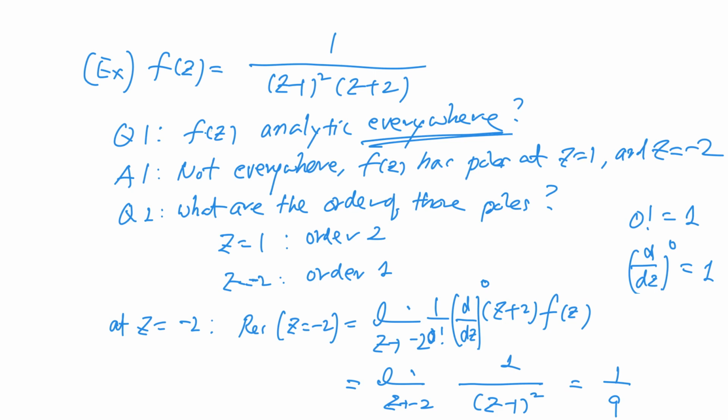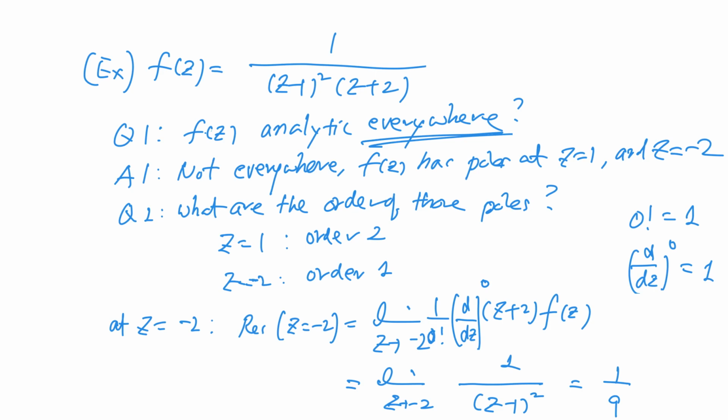On the other hand, maybe I'm going a little bit too fast. The residue at z equal -2 is 1 over 9.